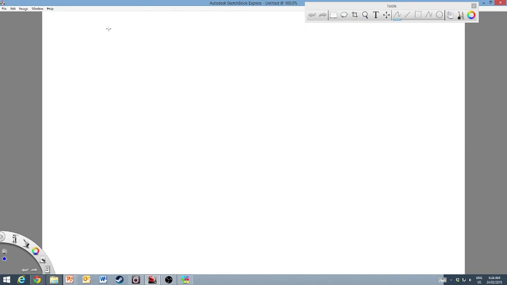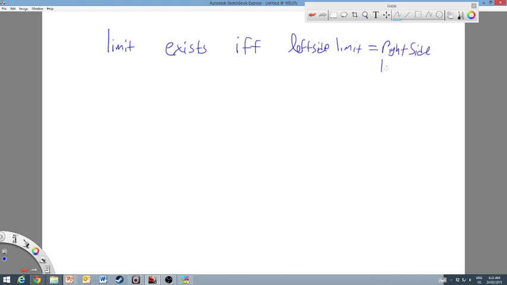The limit exists if and only if the left side limit equals the right side limit.